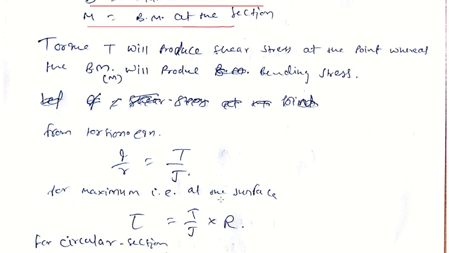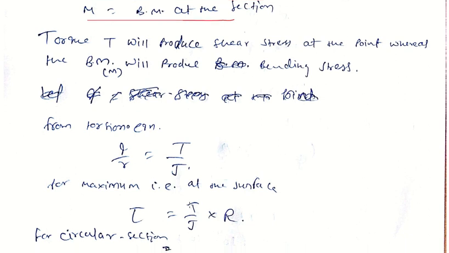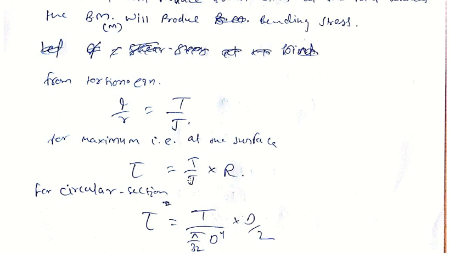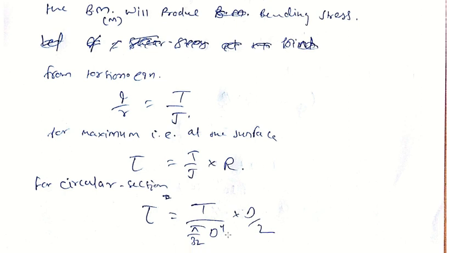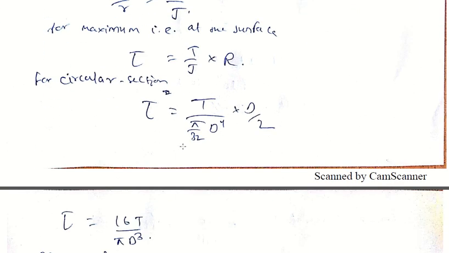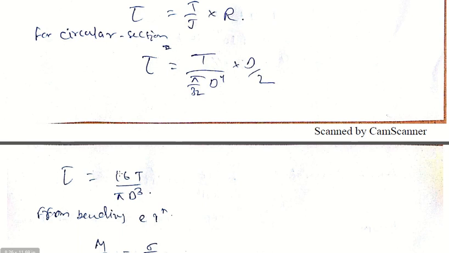The maximum shear stress is produced at the outer surface, so tau equals torque into radius divided by polar moment of inertia. Now put the values of J and R in terms of diameter, so it will give tau equals 16 T by pi d cube.